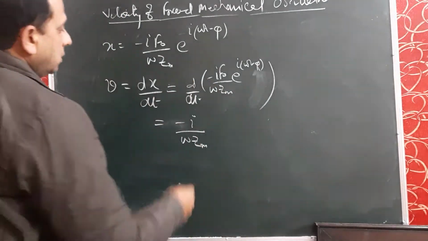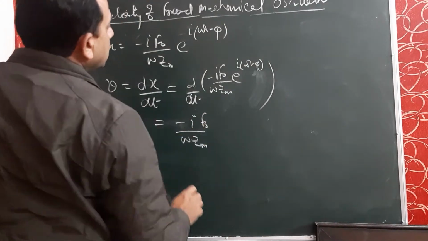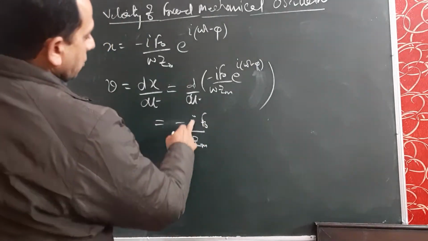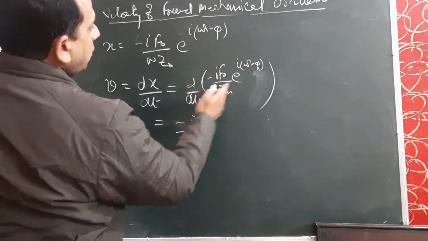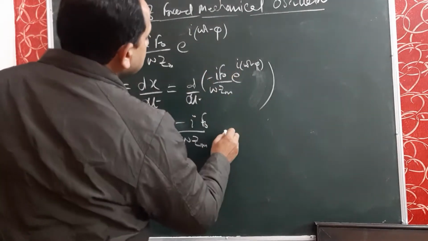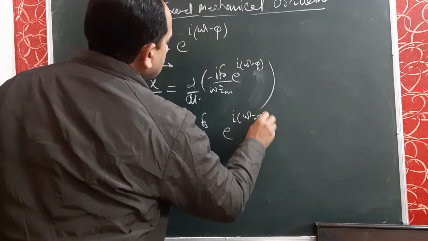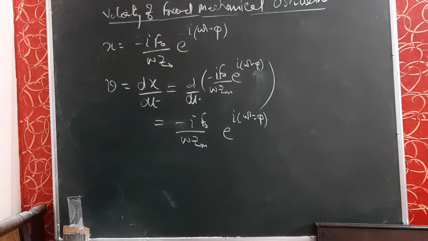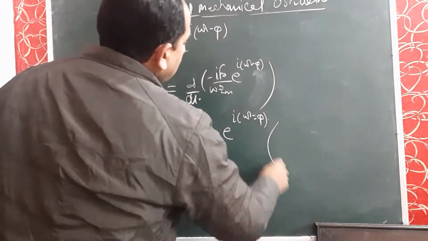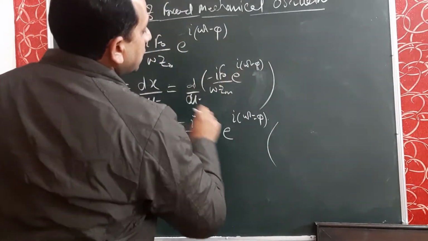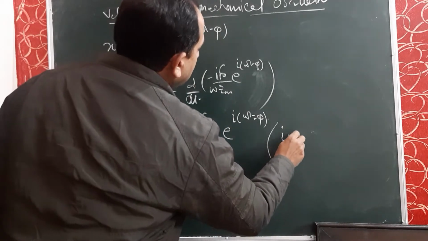Now, derivative of e power iota theta is e power iota theta, it will remain same, e power iota omega t minus phi, into derivative of this term, that is iota into omega.